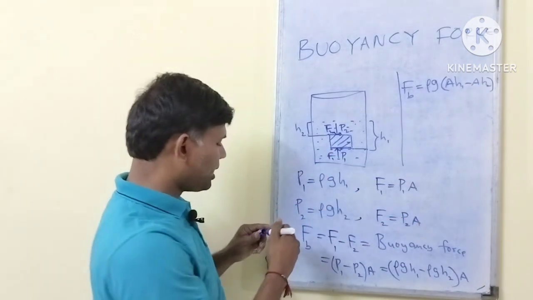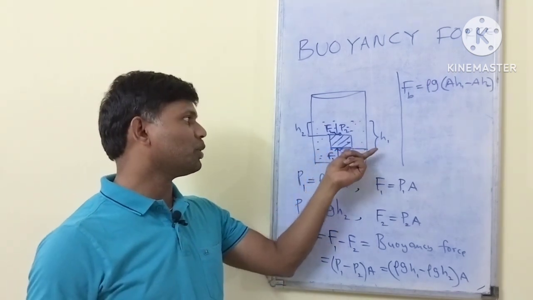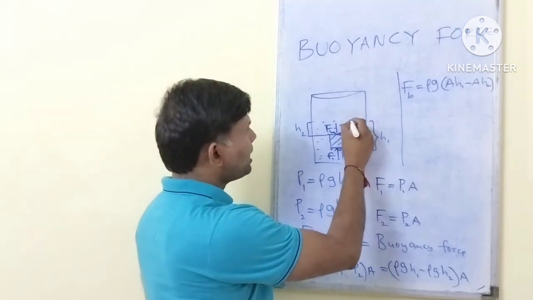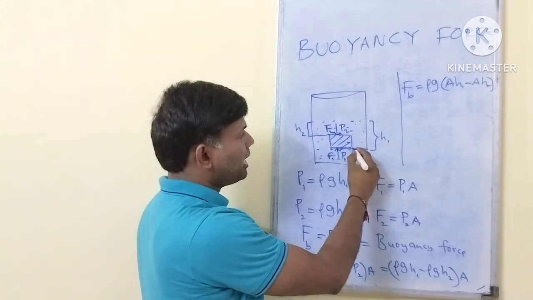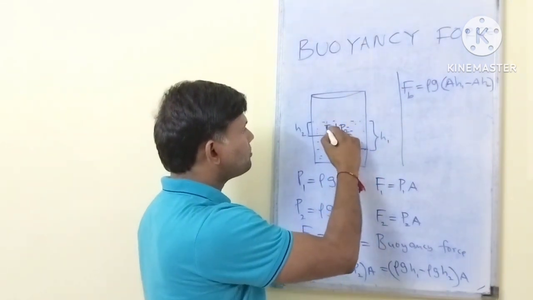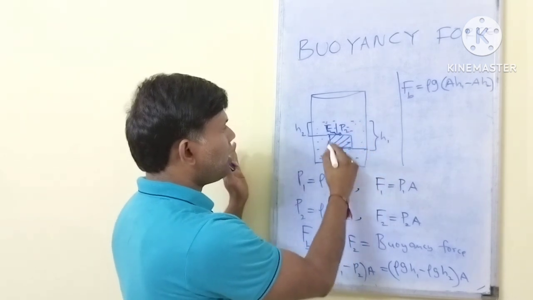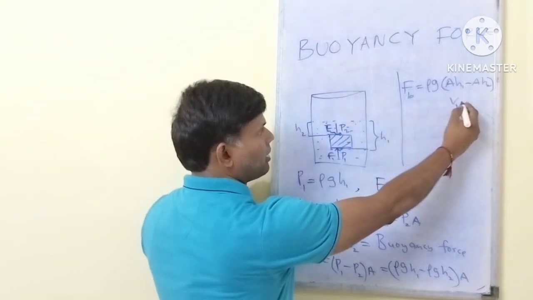A into h1 is nothing but this area into h1 from here to here. So you are taking a column from up, suppose from here to here, h1 into area. So the volume of this much column, that I am calling V1.